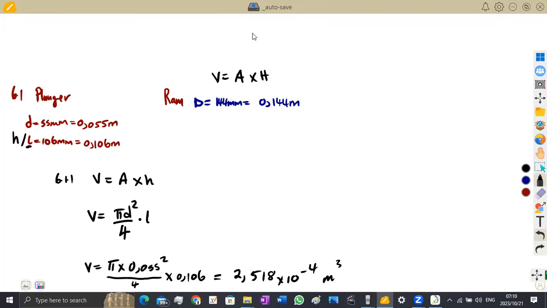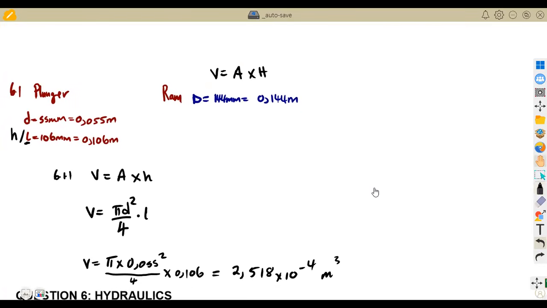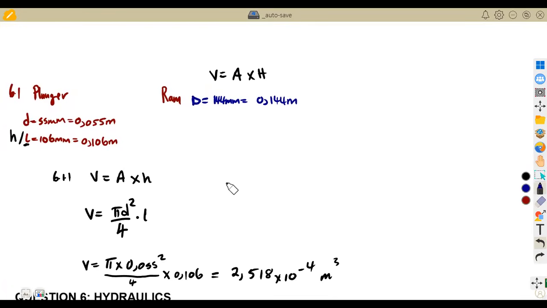If you wanted to write in terms of the decimal part, you're going to move the decimal point: 2.5 times 10 to the exponent of -4, something like 1, 2, 3, 4. So you end up with 0.0002518, like that, which rounded off will be 0.0003 in cubic meters.